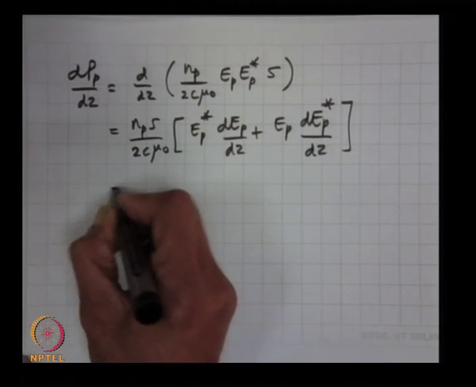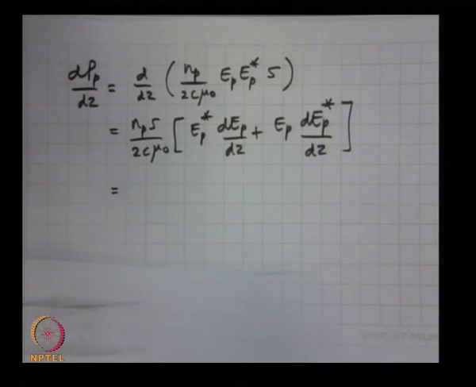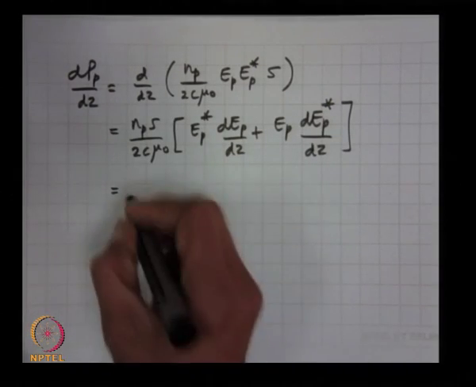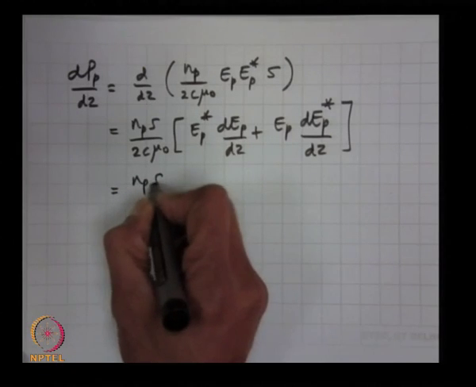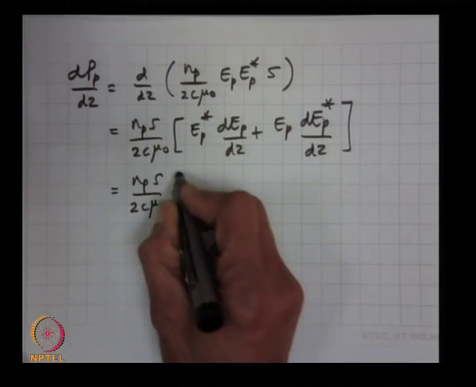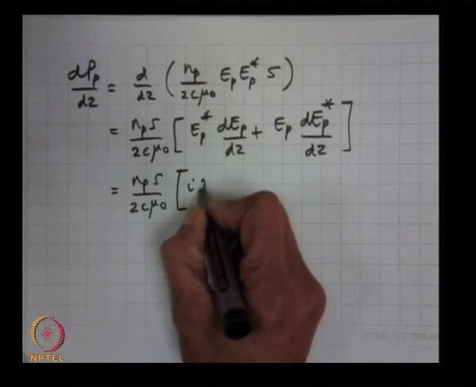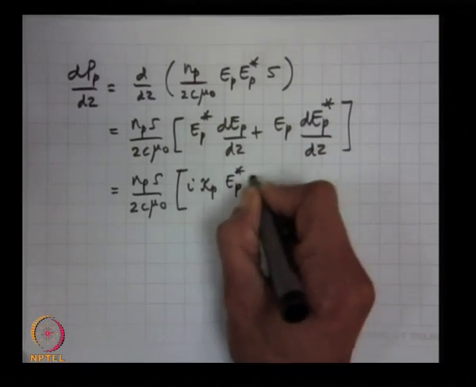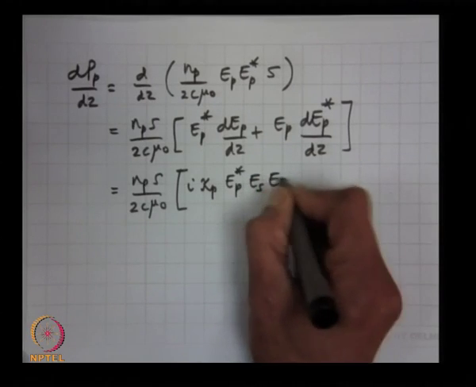So, I can substitute the expression for dEp/dz and dEp*/dz from here. I will get Np s by 2c mu 0 into i kappa p Ep* Es Ei.